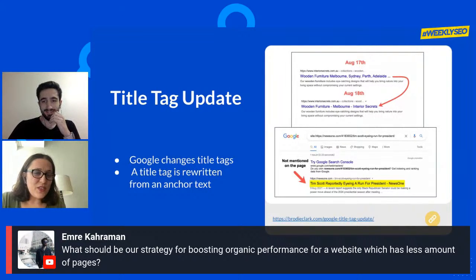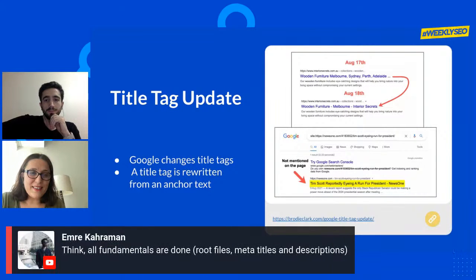What should be our strategy for boosting organic performance for a website which has a small number of pages? I guess in this case, create well-developed content structures in your small number of pages, and think that all fundamentals are done: root files, meta titles, and descriptions, again and again, creating well-structured, well-defined, well-improved content pieces on that page.